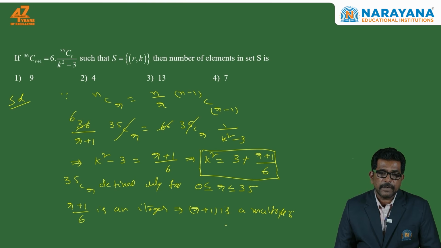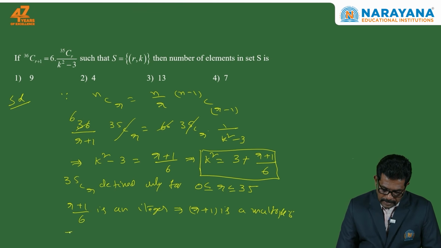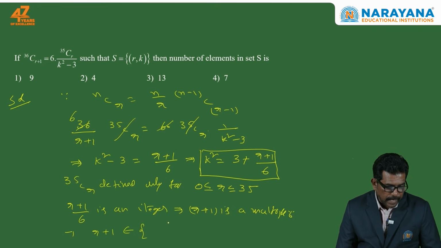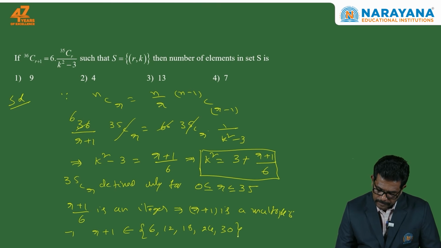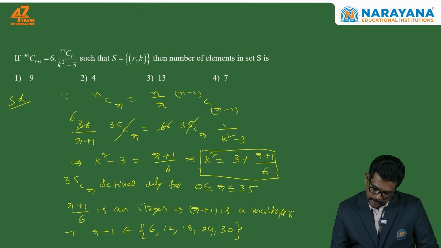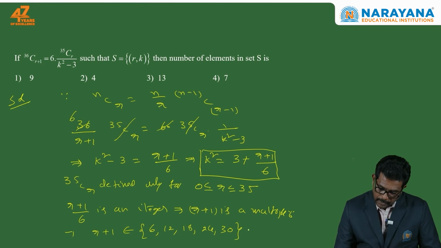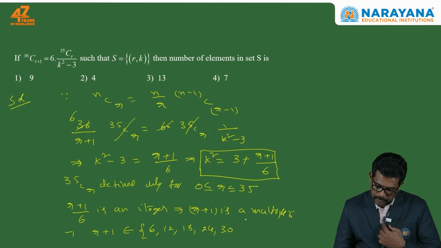So in this way we are going to fix the r value. (r plus 1) by 6 is an integer and 0 is less than or equal to r is less than or equal to 35, which means r plus 1 belongs to one of the values: 6, 12, the 6 multiples, 18, next 24, 30, and one more is there, 36. Since r is less than or equal to 35, r plus 1 can be 36.